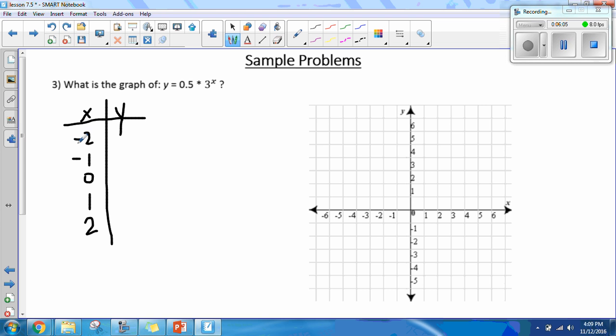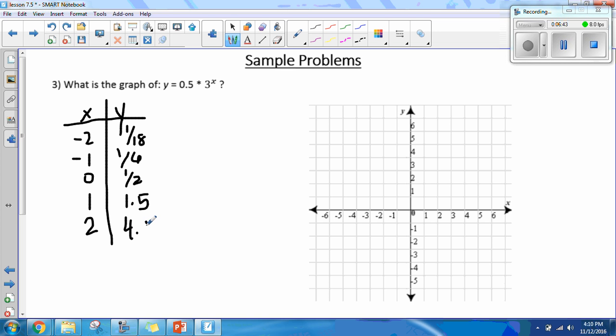If we plug in -2, that would be 1 over 9 times 1/2, which would be 1 over 18. -1 would be 1/3 times 1/2, which is 1/6. 0 would give me 3 to the 0 power is 1, so that would just be 1/2. And 3 to the first power is just 3 times 1/2, which would be 1.5. 2 would be 9 times half, which would be 4.5.